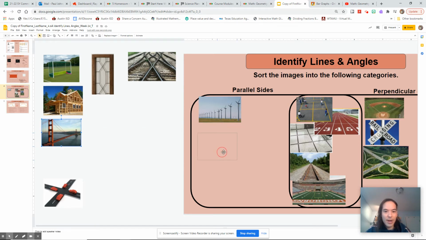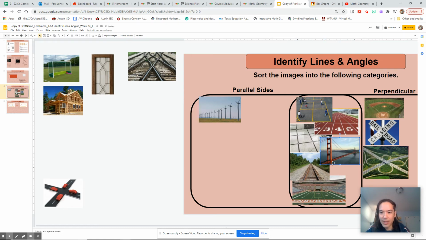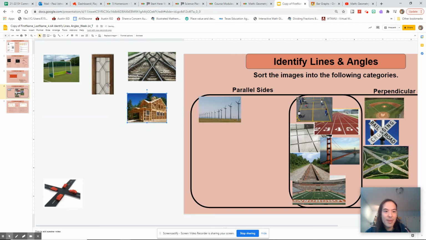On the Golden Gate Bridge, once again, we have both, right? Straight up and down in these columns, but the road also makes it a perpendicular intersection. So we have both, all right? A lot of these things are just going to have both. If you look at the window pattern, the framing is parallel, side and side is parallel.